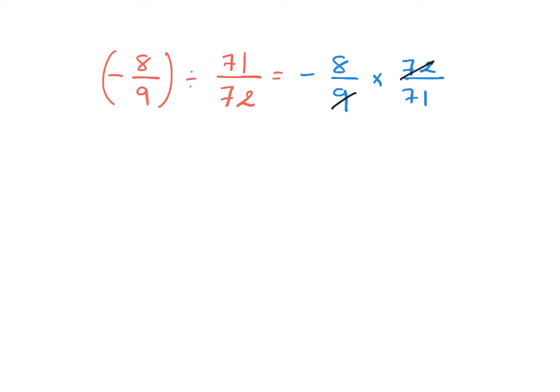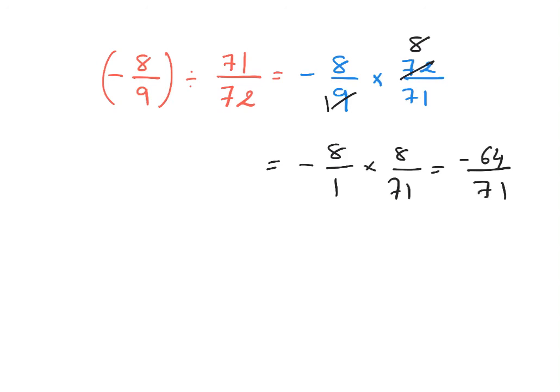So 9 goes into 72 eight times. We get negative 8 over 1 times 8 over 71. Negative 8 times 8 is negative 64 over 71, and that's the answer.